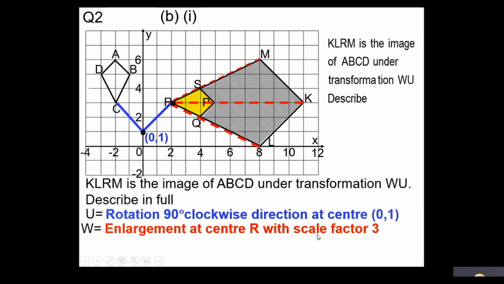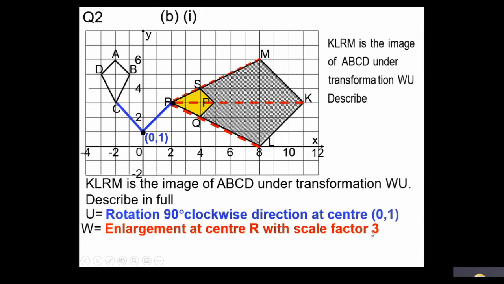For this one, how to find the scale factor? Same. You can use any of the sides. You can use this one with this, NK with SP, or you can use KL with PQ. You estimate. From here to here, it passes through how many boxes? 1, 2, 3, and from here, just 1.